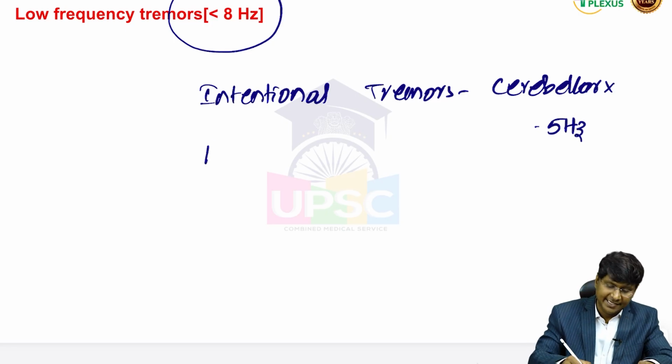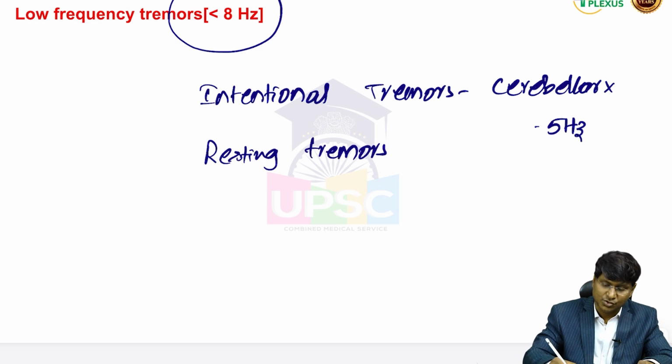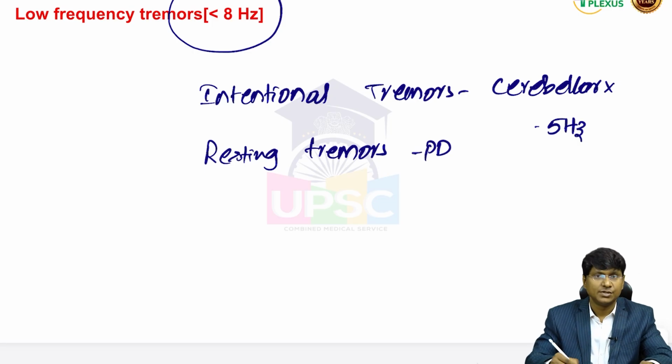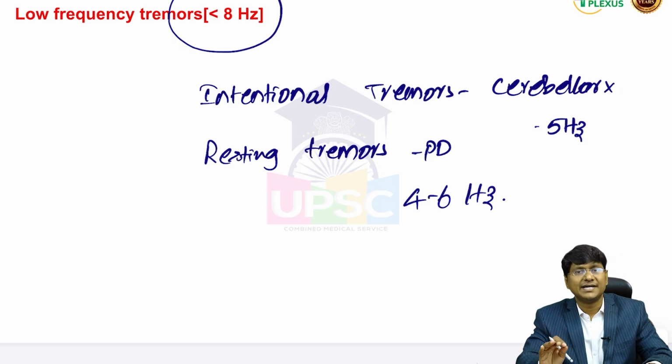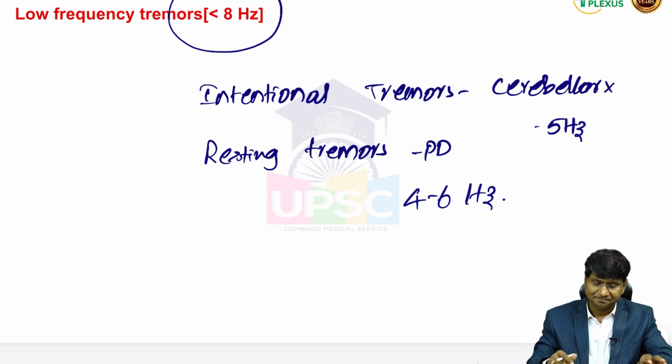Next is the resting tremor of Parkinson's disease, where the frequency is around 4 to 6 hertz. So high frequency tremors, more than 8 hertz, occur in anxiety neurosis and Graves' disease or thyrotoxicosis. Low frequency tremors, less than 8 hertz, are the intentional tremors of cerebellar damage and the resting tremors of Parkinson's disease.